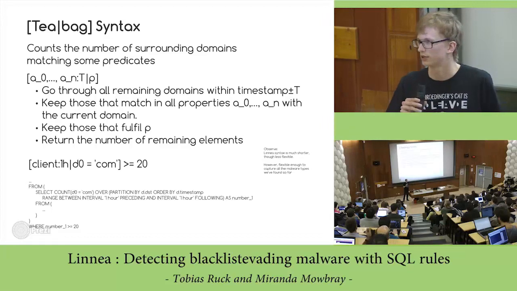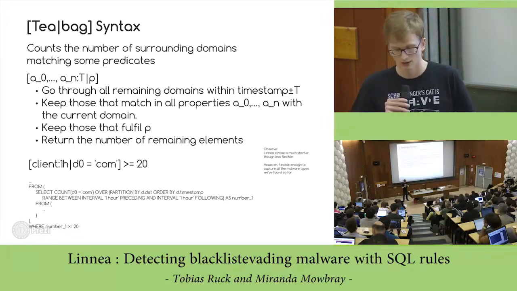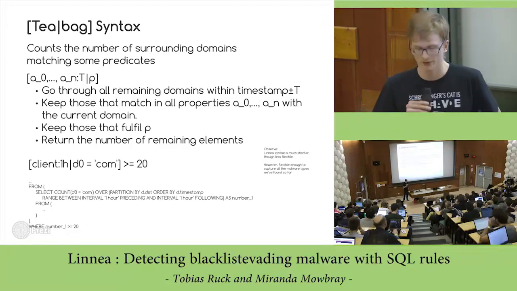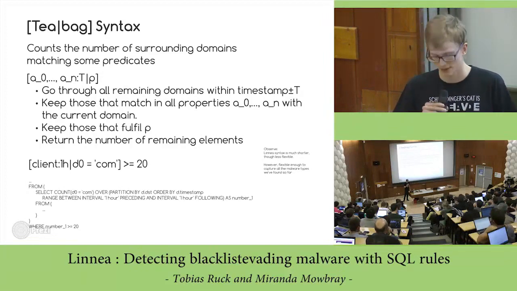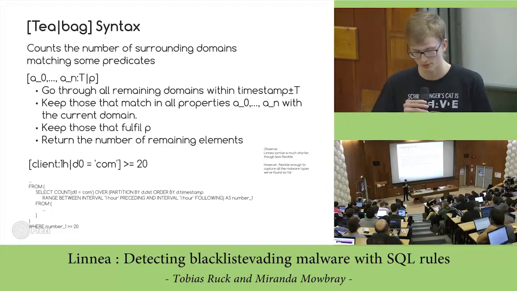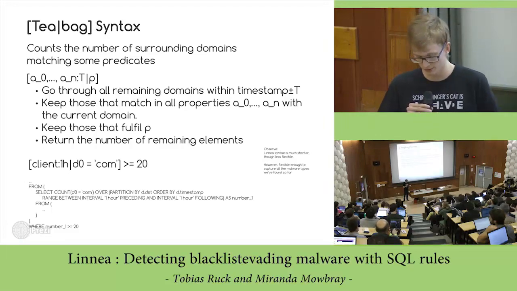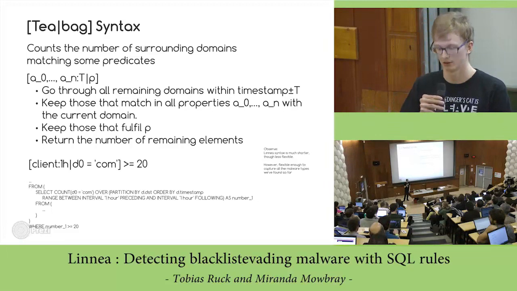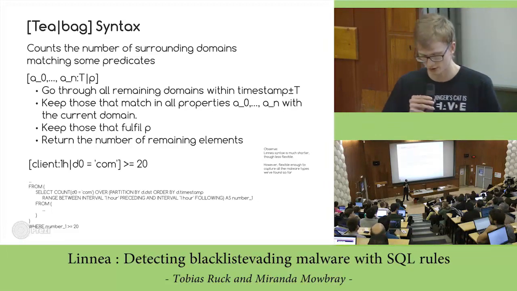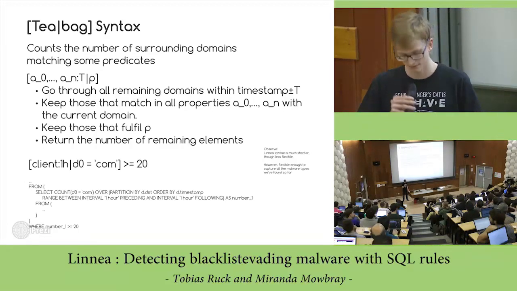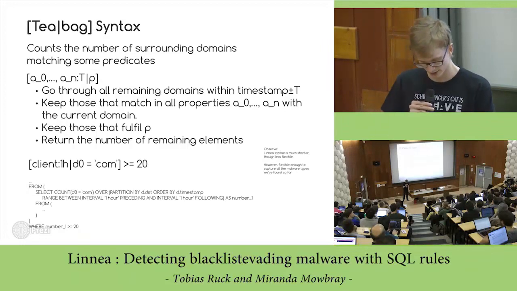For example, this could be the IP of the client. And also note that this is very similar to the group by statement in SQL. Then we keep all the domains that fulfill P, and then we return the number of remaining elements.